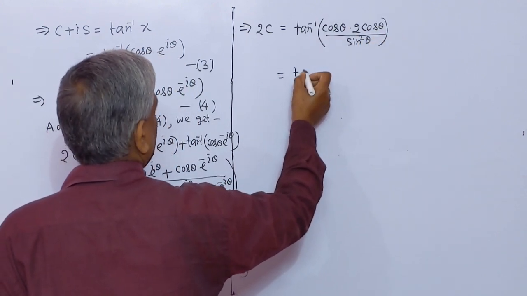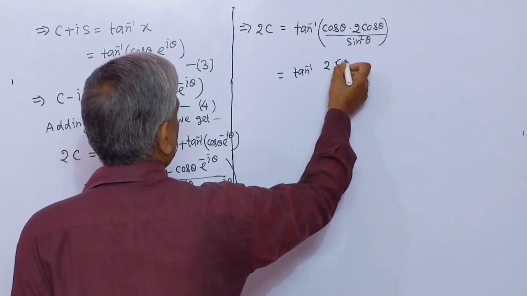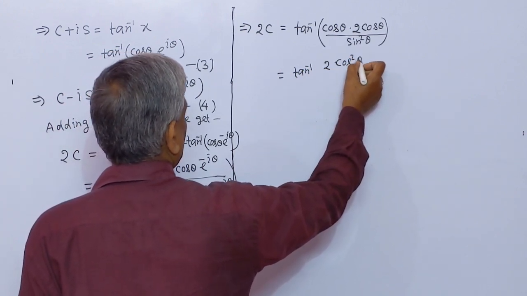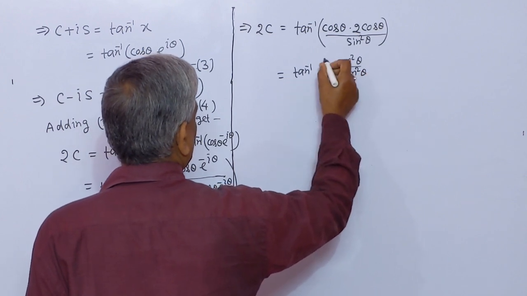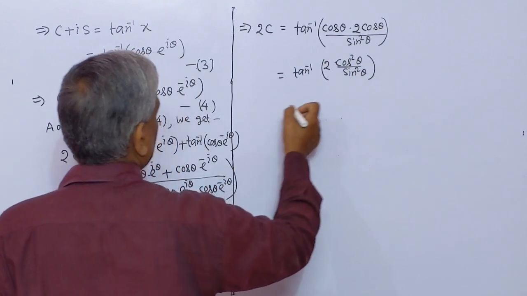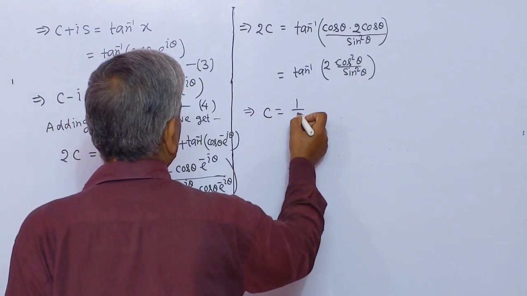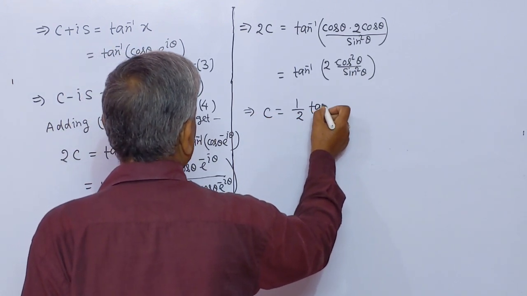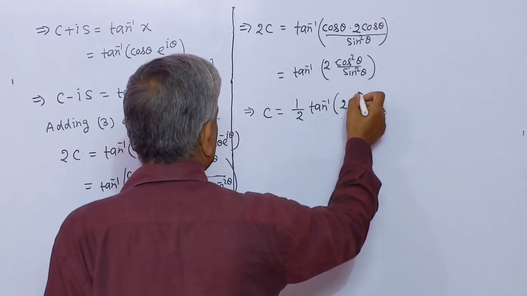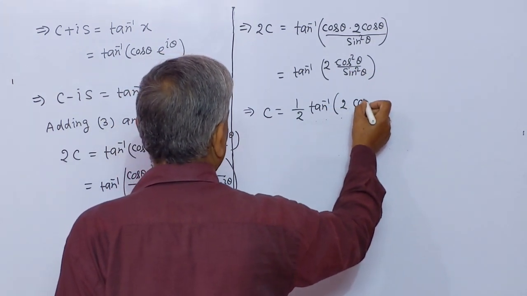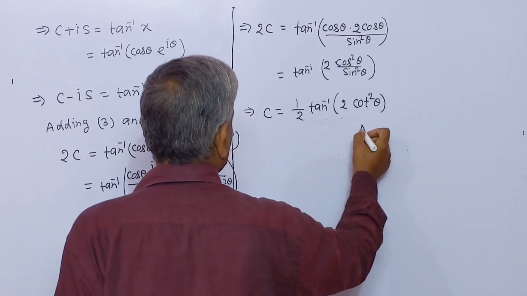This is equal to tan inverse 2 cos square theta by sin square theta, which implies that C equal to half tan inverse, 2 cos square theta by sin square theta is cot square theta. This is the required answer.